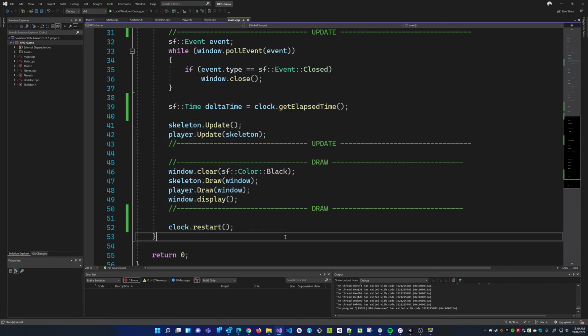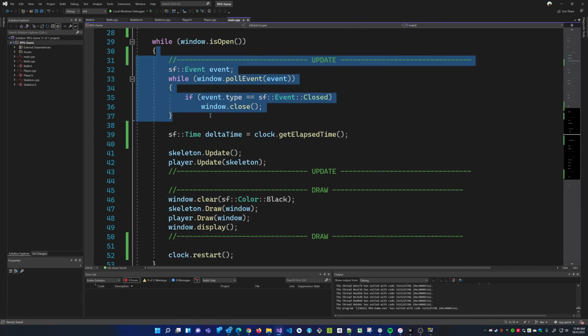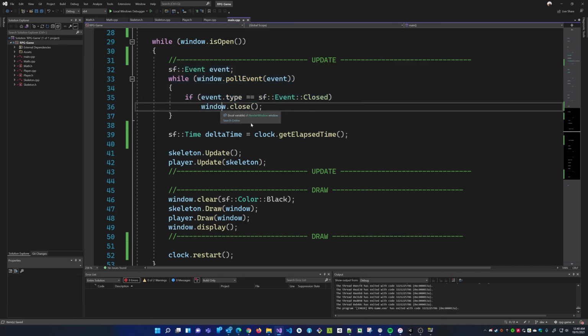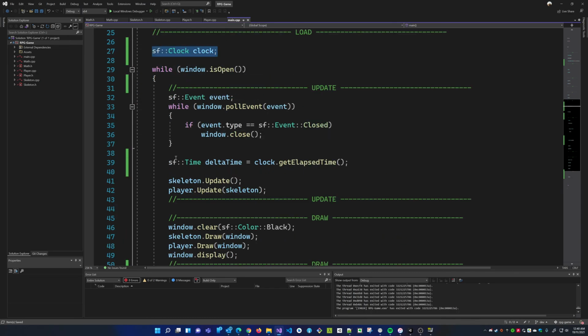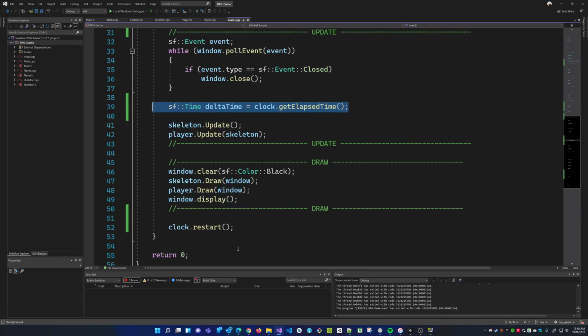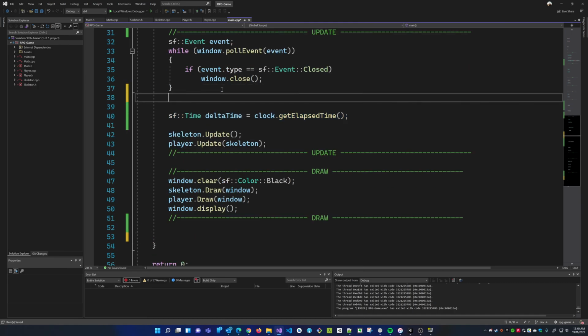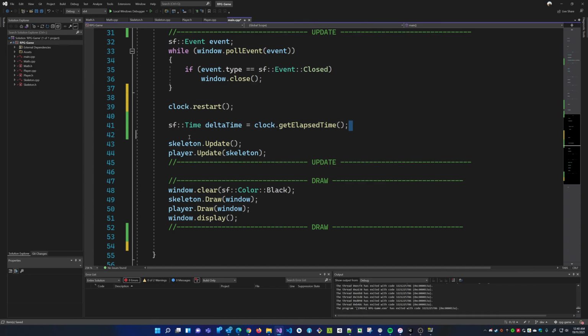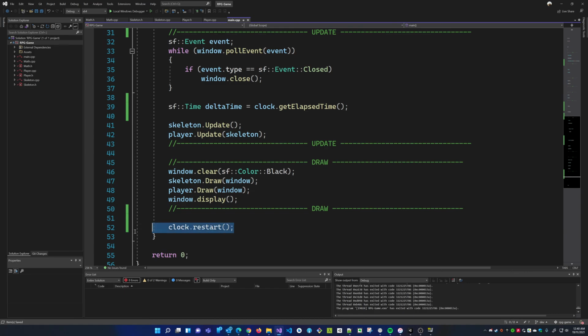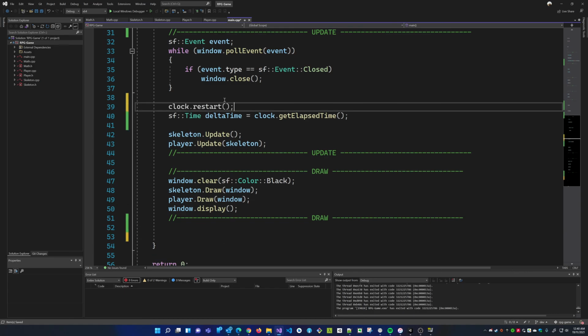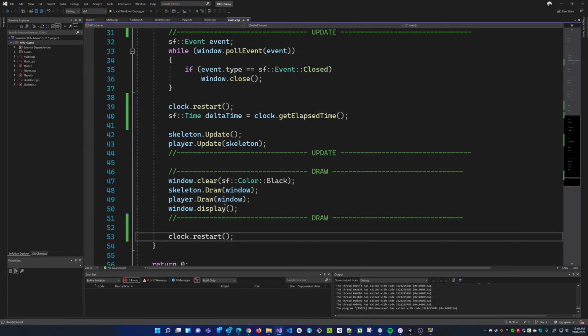So I'm measuring how long it takes for a frame, completely ignoring my event loop. I don't care about my event loop. So I have a clock. Actually, at the start of the frame I'm going to reset my clock. So I restart my clock, and I get my elapsed time.